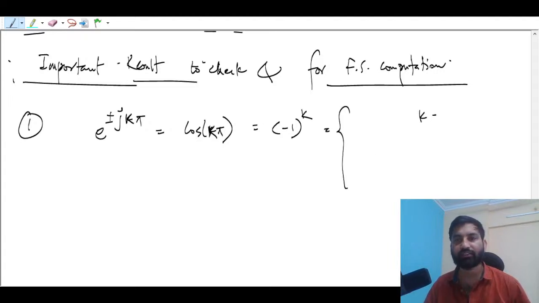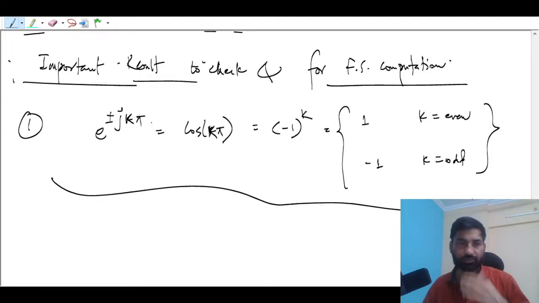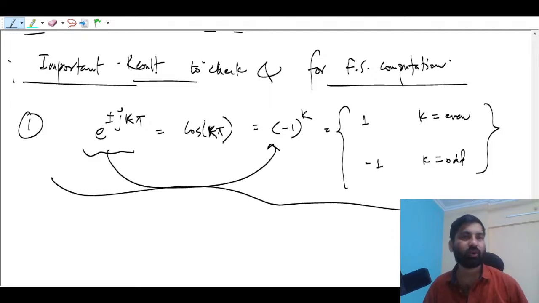And if k is even, this is 1. If k is odd, this is minus 1. So if somewhere down the line you get this kind of expression, e raised to power plus minus j k pi, that is equal to cos k pi, or directly you can say that that is minus 1 to the power k. And if k is even, k even means 2, so minus 1 to the power 2 is 1.